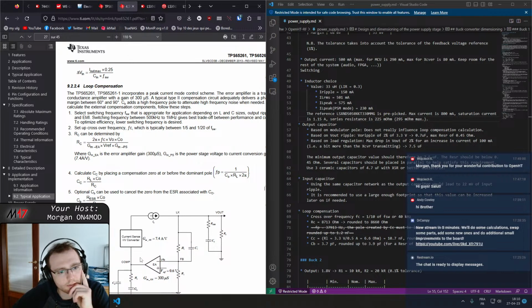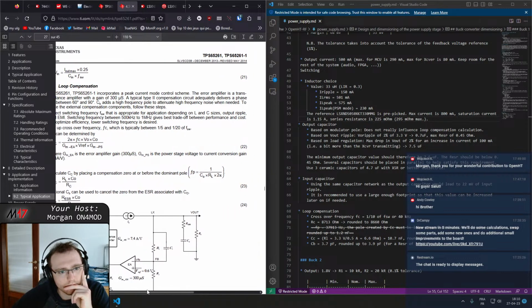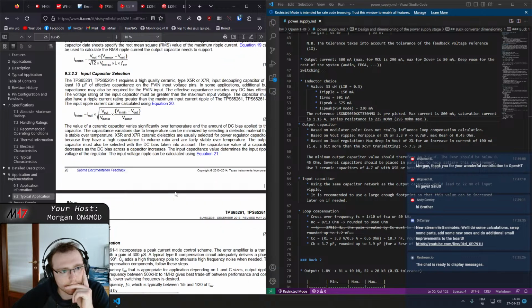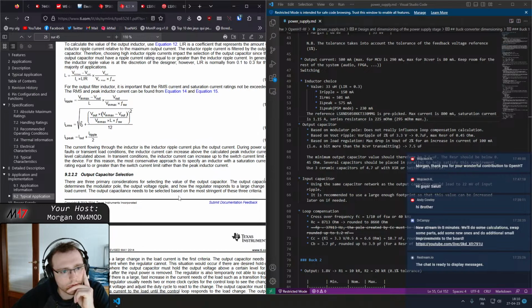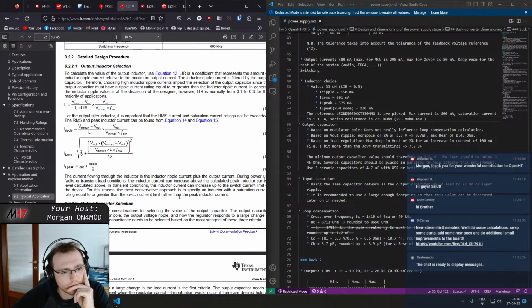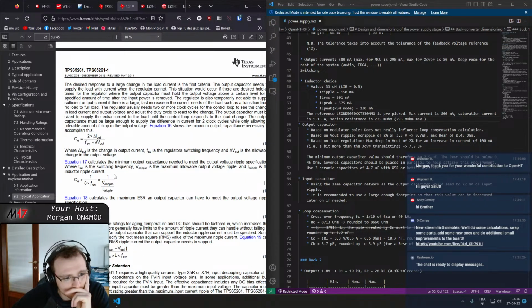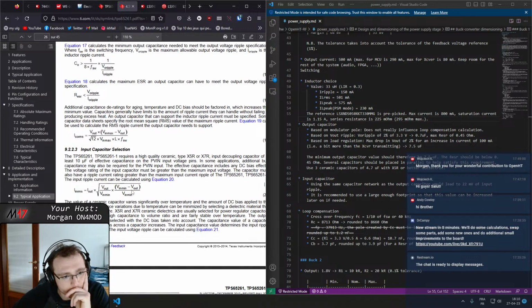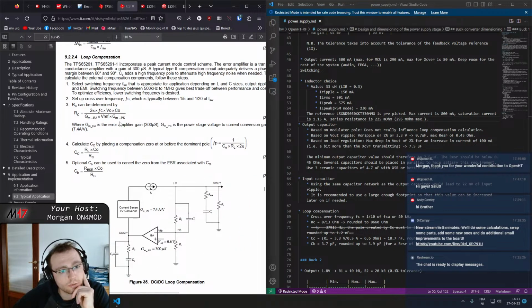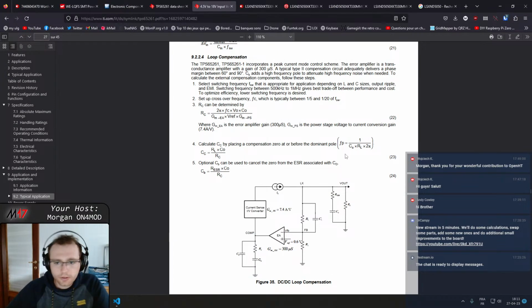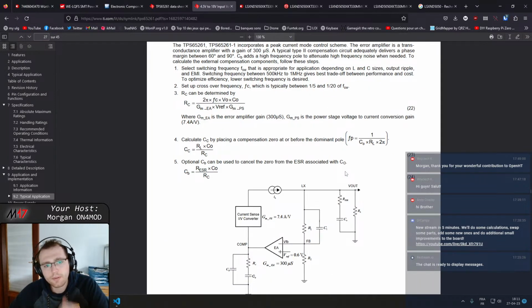Do they use it somewhere? Maybe they don't. Okay, well, anyway, we still have to compute the loop compensation. However, we are gonna have a closer look, because you will see that there is a problem somewhere.